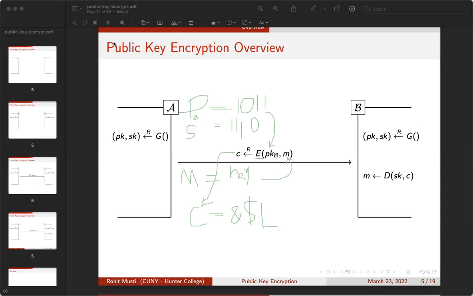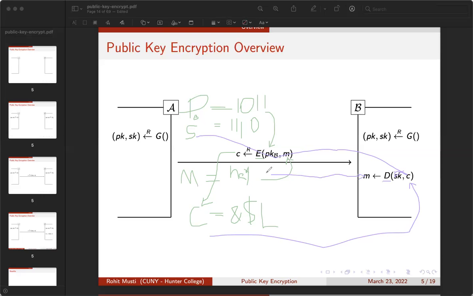Once we have that, we'll use a different color, purple. We have our decrypt function, which takes in a secret key, which comes all the way from over here, and it takes in a ciphertext, which comes here, and it outputs a message M.